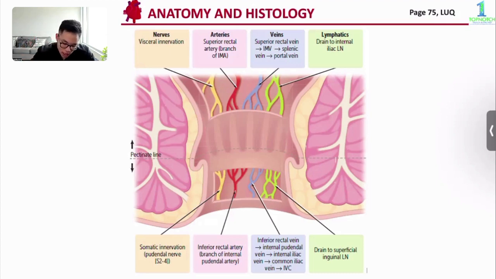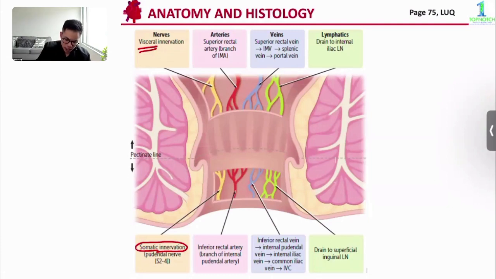Usually, if you have, let's say, a mass or external hemorrhoids, the patient will complain of pain, especially if it's below the pectinate line, because there is somatic innervation right down there, as opposed to the visceral, which is more of a diffuse type of pain for patients with internal hemorrhoids, unless, of course, it touches the somatic innervation later on.